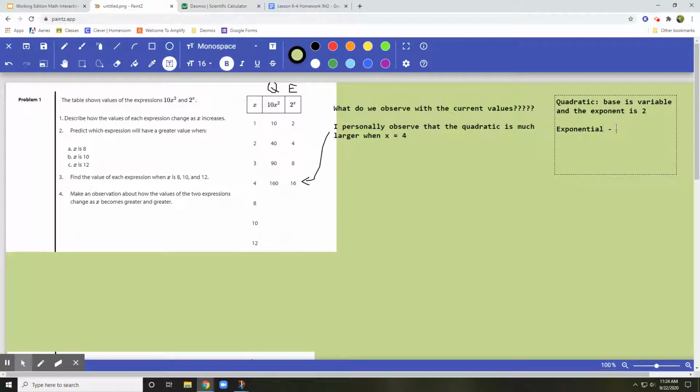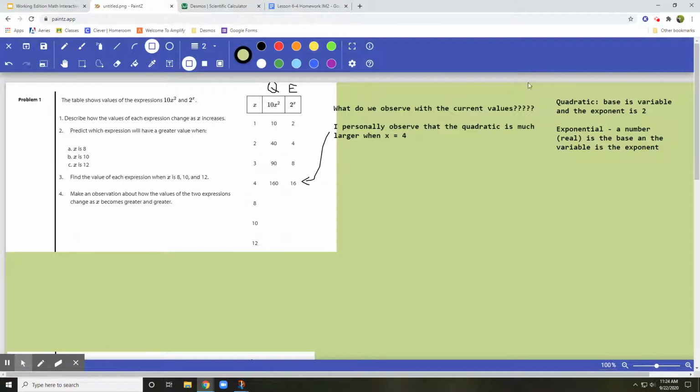That's not a spelling test. I was not good at spelling. The exponential is where a number, any real number, and usually positive, is the base and the variable is the exponent. In case you forgot what that is, I'll just highlight that for you so you can remember those definitions.